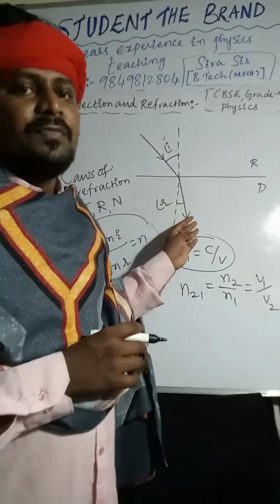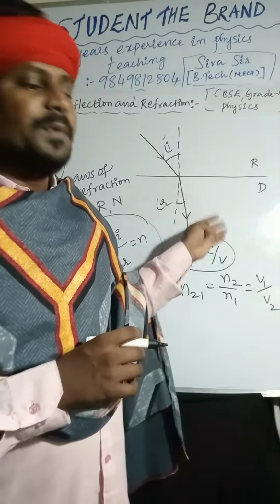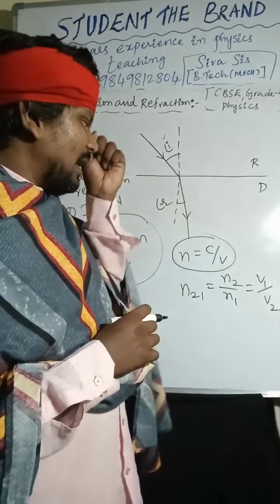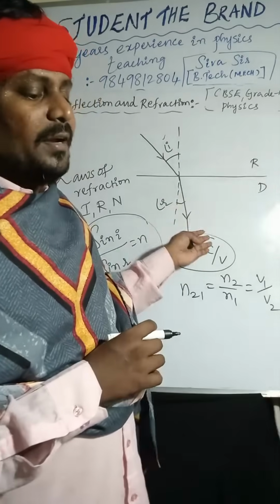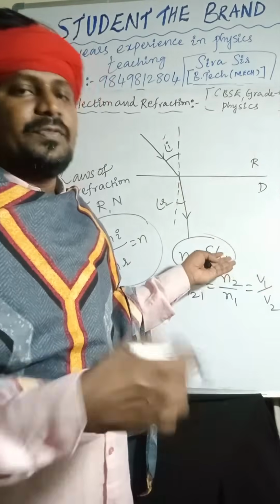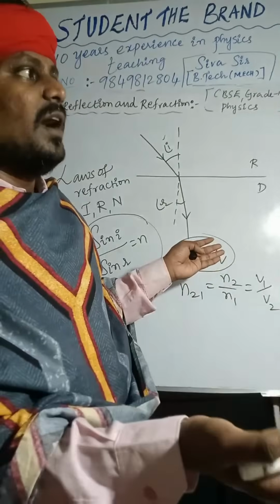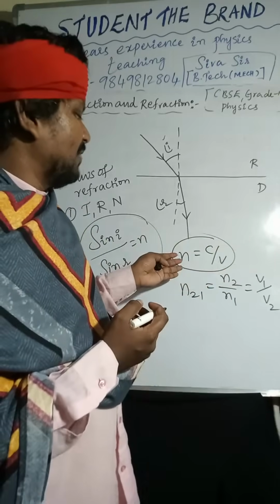So the absolute refractive index is the refractive index with respect to the speed of light in vacuum or air. One medium must compulsorily be vacuum or air, and the other medium is different, such as water or glass. That is the absolute refractive index.